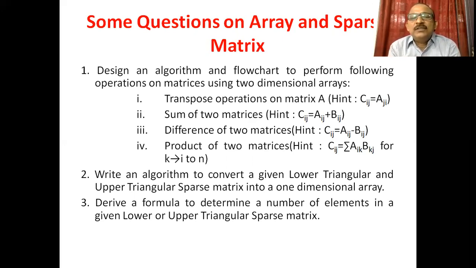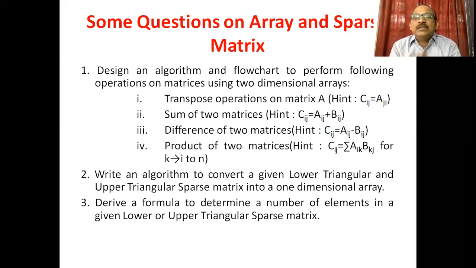Sum of two matrices, hint is Cij is equal to Aij plus Bij. Difference of two matrices, hint is Cij is equal to Aij minus Bij. Product of two matrices, hint is Cij is equal to sigma of Aik into Bkj for k varying from 1 to n.